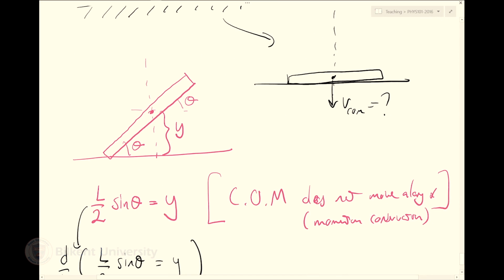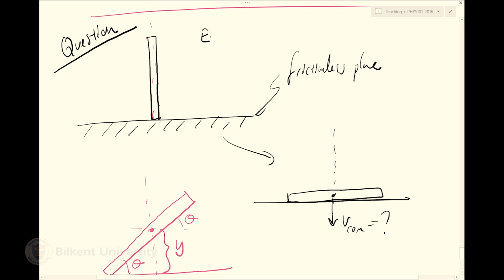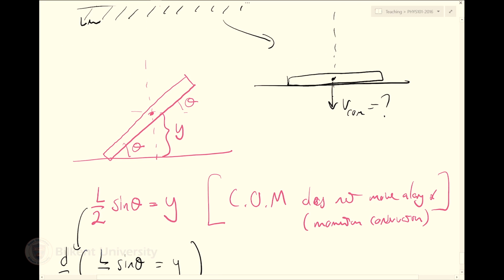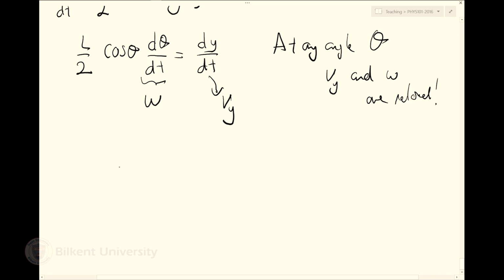Okay? So what is my initial energy? If I choose my reference level to the ground, it is m times g times L over 2. Initial energy is equal to final energy.